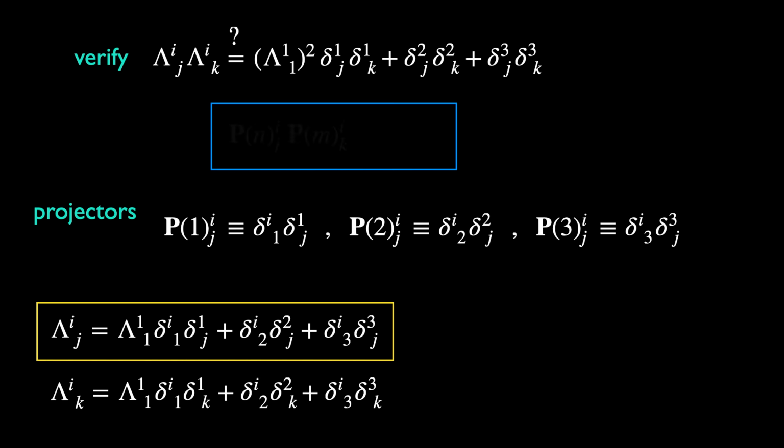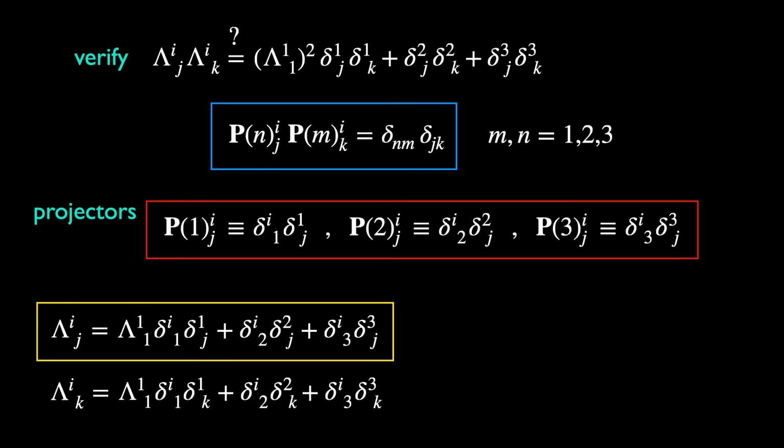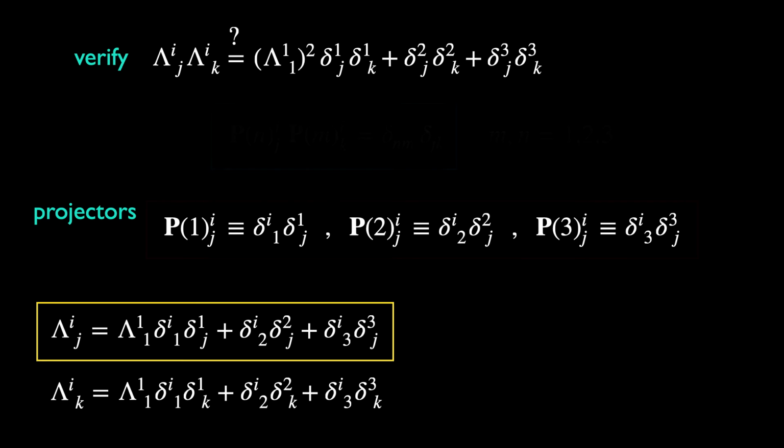These properties can be summarized in this equation. Notice also that all the projectors are symmetric in their indices. This makes it apparent that the equation above has to be true.